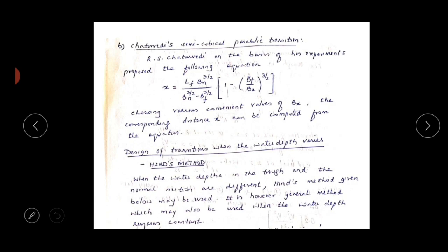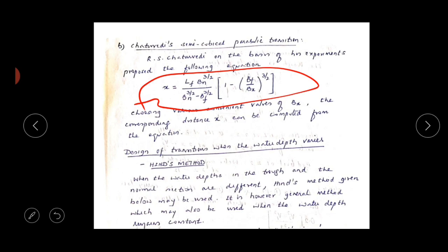it is given by an equation x is equal to Lf Bn^(3/2) divided by (Bn^(3/2) − Bf^(3/2)) into (1 − (Bf/Bx)^(3/2)).